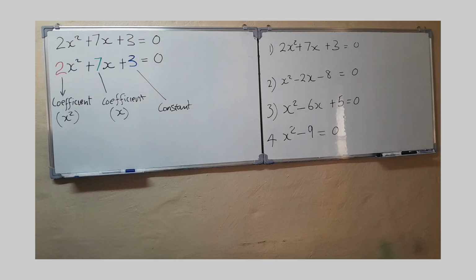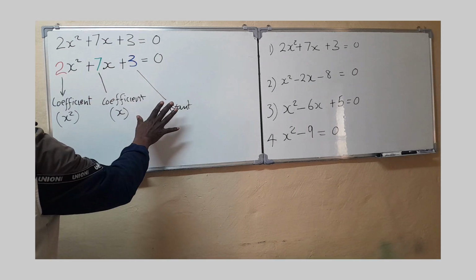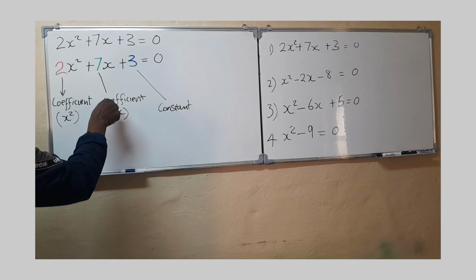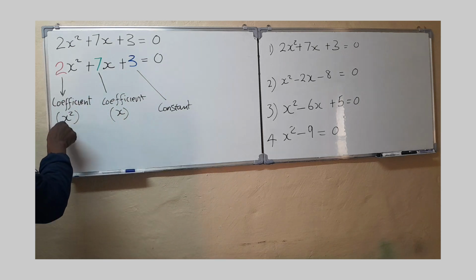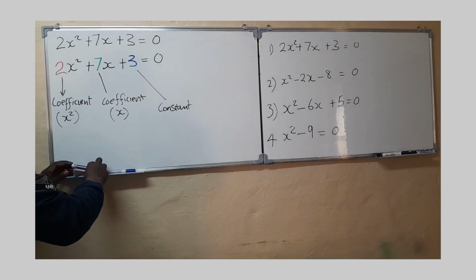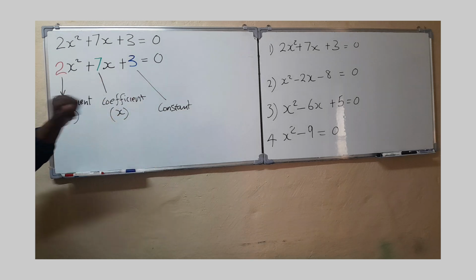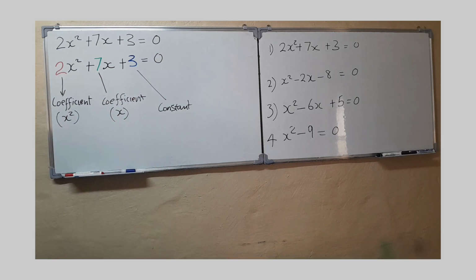17, 150, 170 million, all these are constants. So 3 is a constant, and it's not multiplying anything. 7 is multiplying our x. 2 is multiplying our x squared. Now, generally, these numbers, this red number and this green number and this blue number, they are normally assigned some symbols.